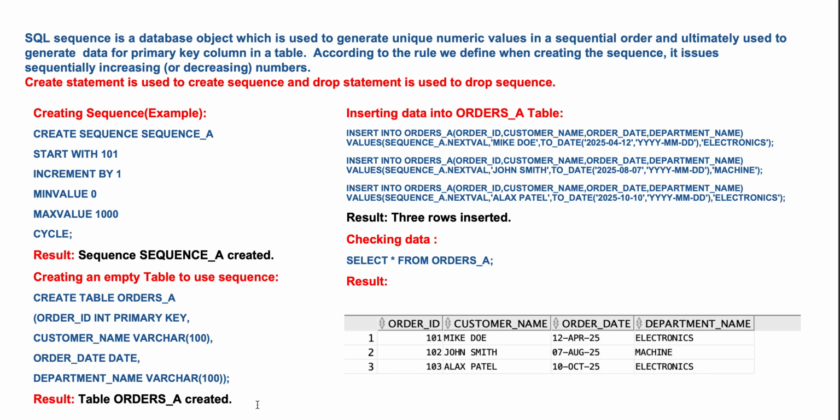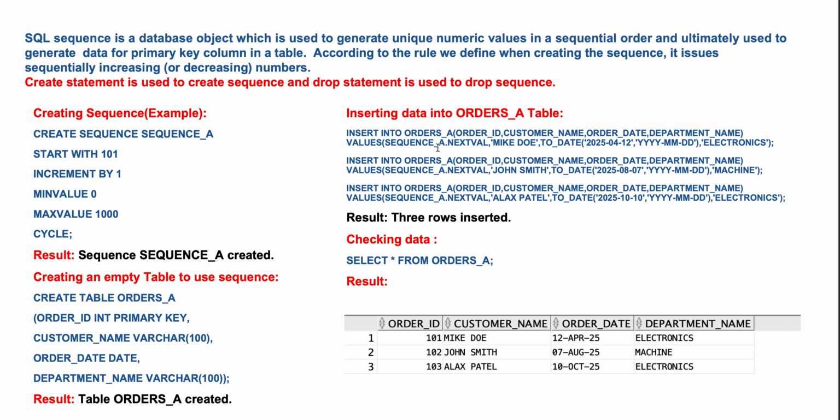After completing this step, step 3, I am going to insert data into the empty table orders_A. We start with the insert statement. Insert into orders_A. It includes the following columns: order ID, customer name, order date, department name. I am going to insert the following values.